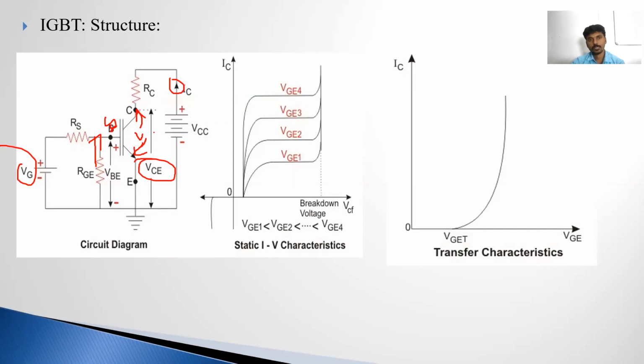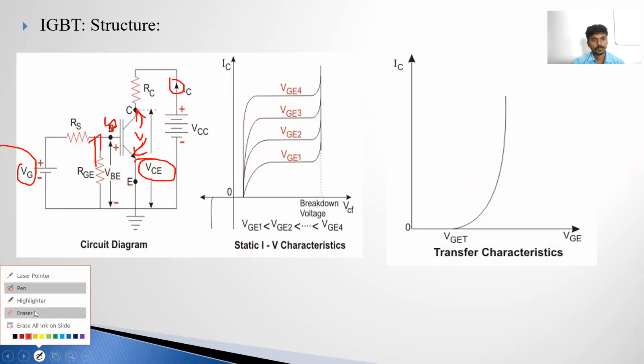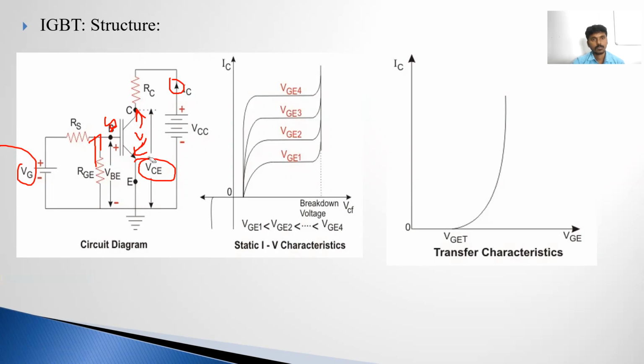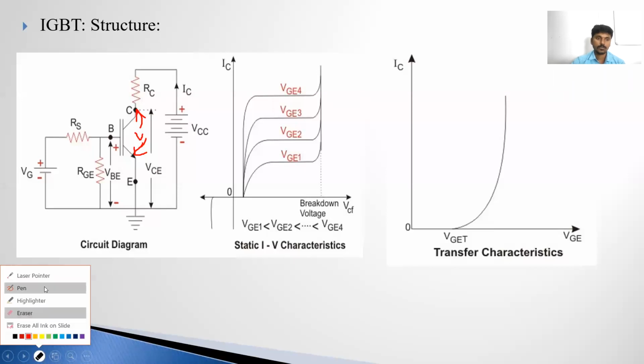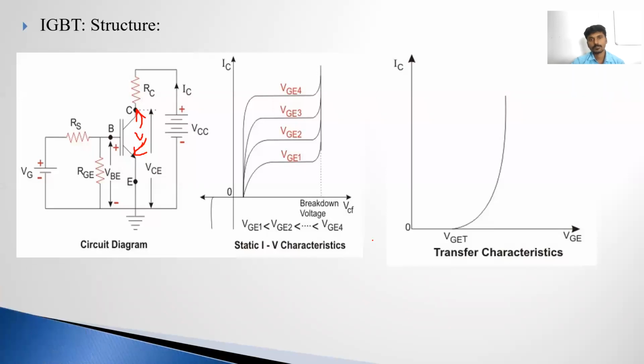Is the voltage present, is it positive, negative or zero? What about the voltage? If the switch is in on condition, is the voltage across the switch zero or present?